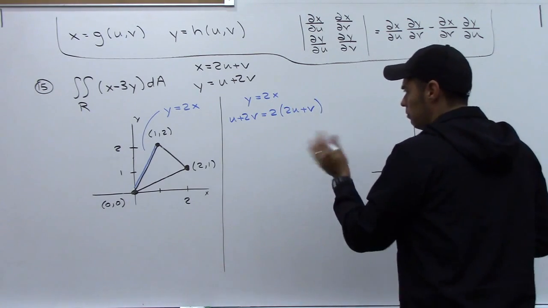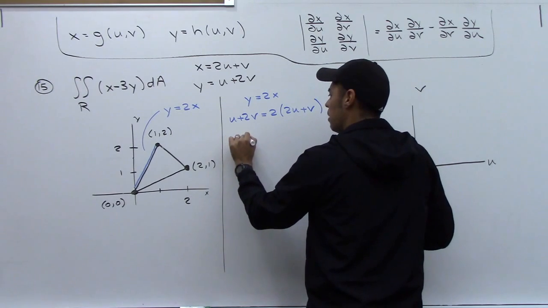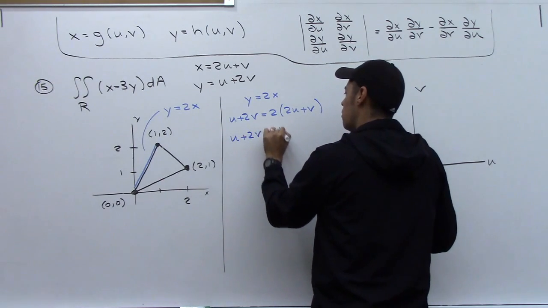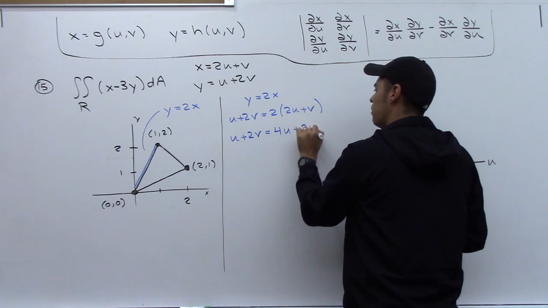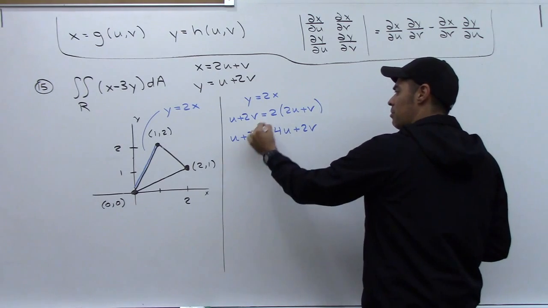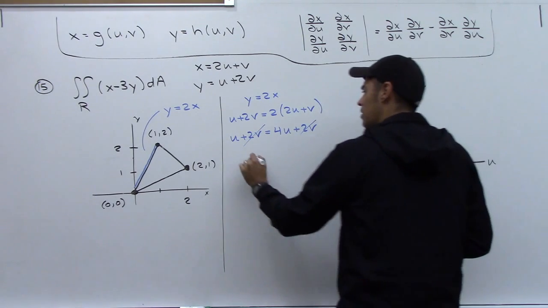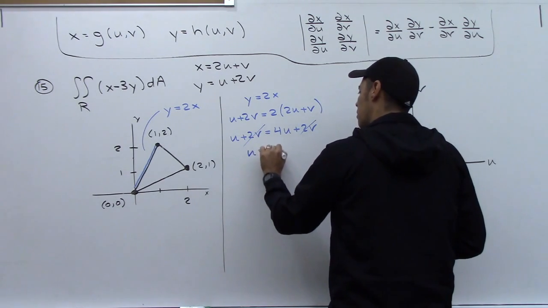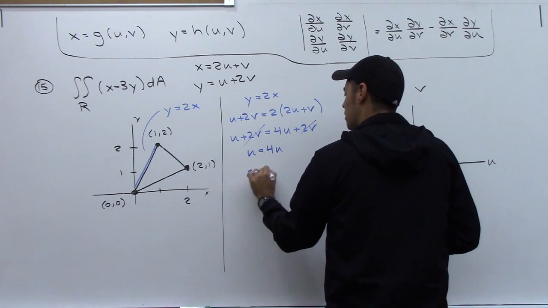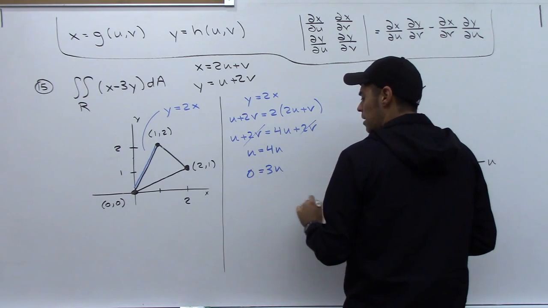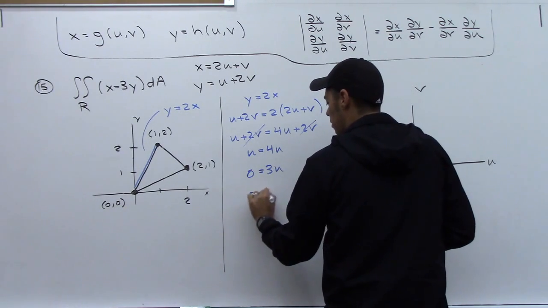And then I will multiply things out. u plus 2v equals 4u plus 2v. Notice I can subtract 2v from both sides. I get u equals 4u. Subtract u on both sides. 0 is 3u. Divide by 3, you get u is 0.